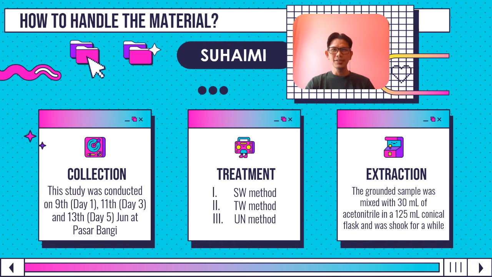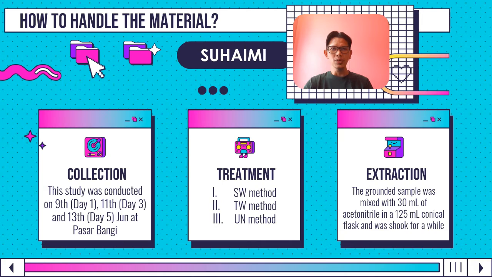Samples with a weight of 5 gram were ground with a mortar. Lastly, the working step to handle the material is sample extraction. The ground sample was mixed with 30 ml of acetonitrile in a 125 ml conical flask and was shaken for a while. It was then sonicated for 15 minutes at room temperature.